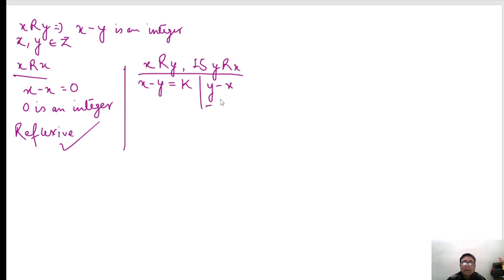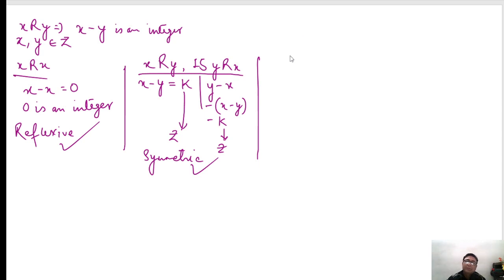So I can write minus of x minus y. That means minus k. So yes, if k belongs to an integer, minus k will also belong to the integer. That means symmetric is valid. Symmetric condition is valid. Clear?